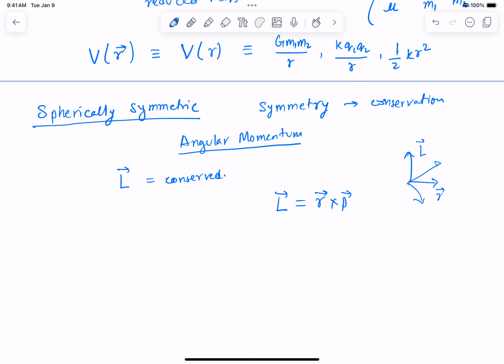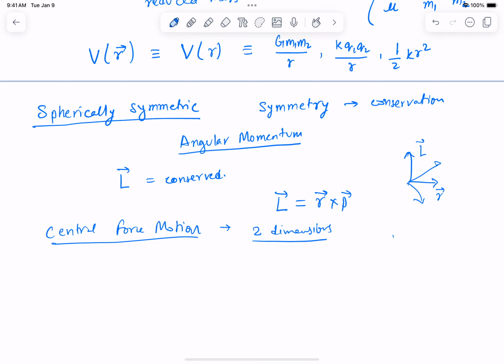So we can essentially study this central force motion in only two dimensions. We only need two dimensions to study the central force motion. Let me draw this once again.